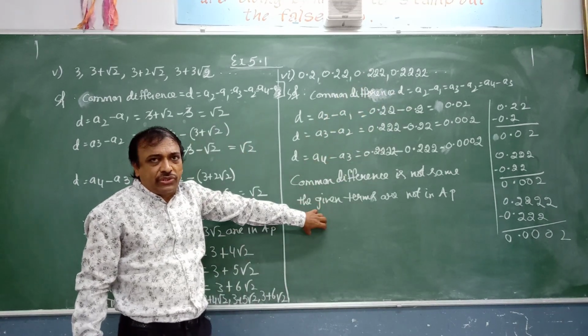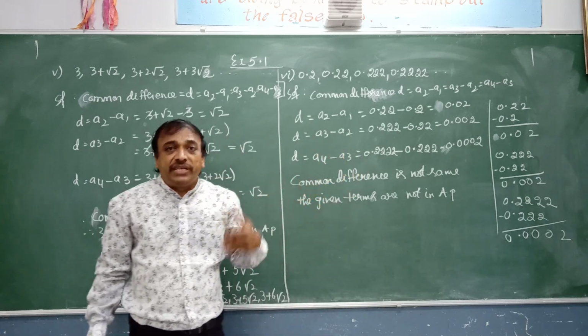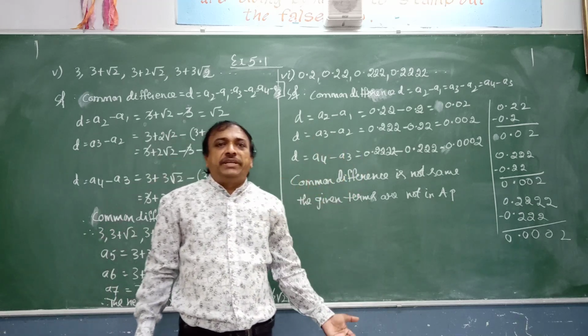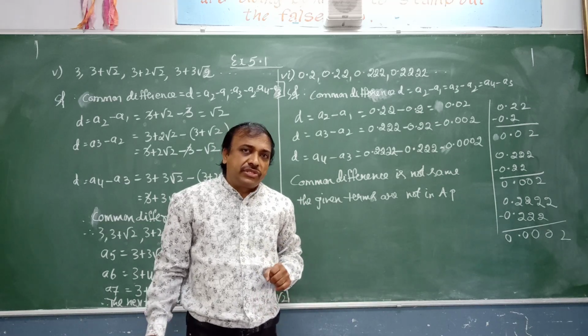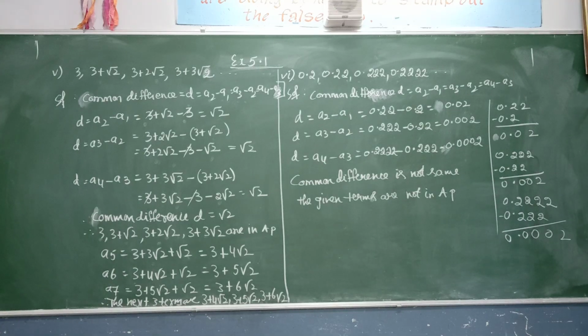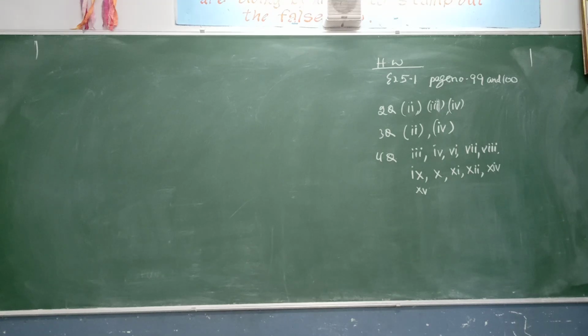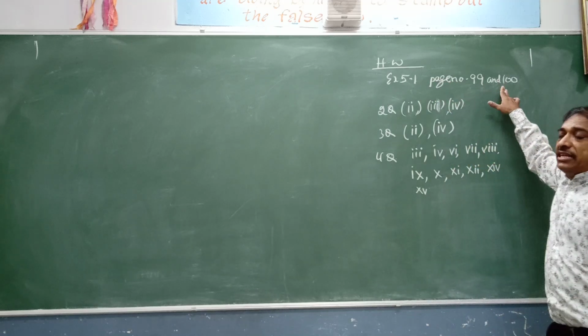I hope you understood how to find whether the terms are in AP or not, how to find the difference, and if they form an AP, how to obtain the next terms if asked in the question. Here we have some homework questions from exercise 5.1, page number 99 as well as 100.